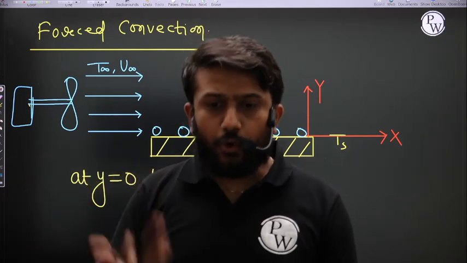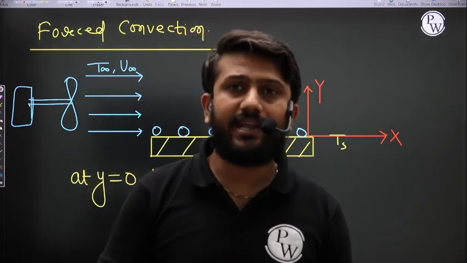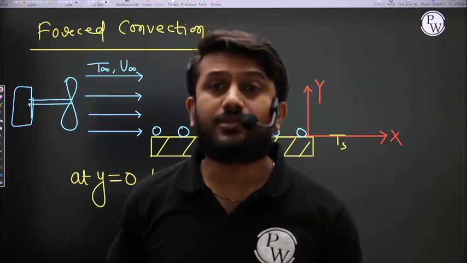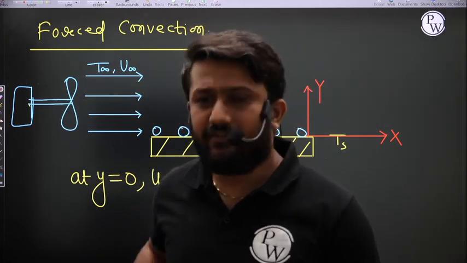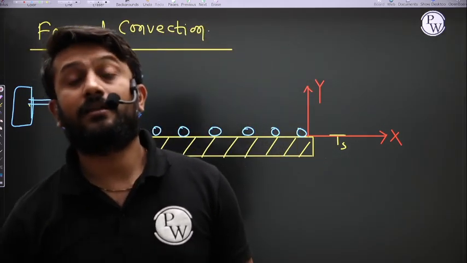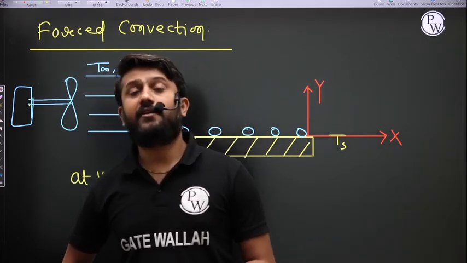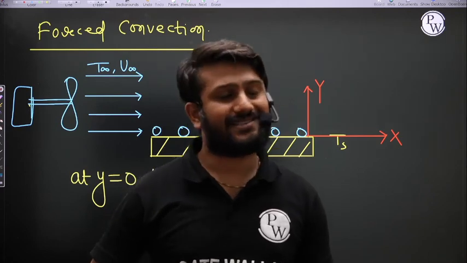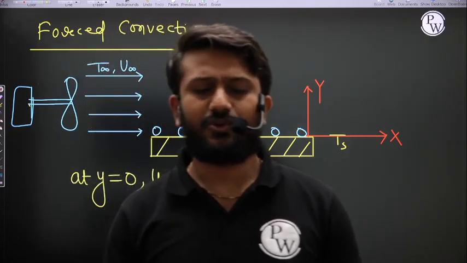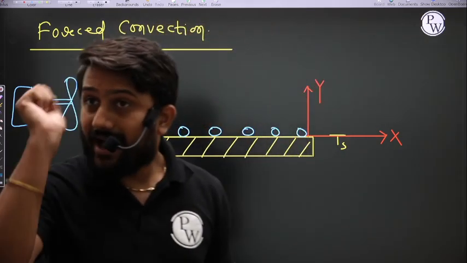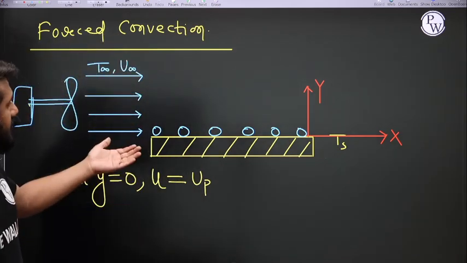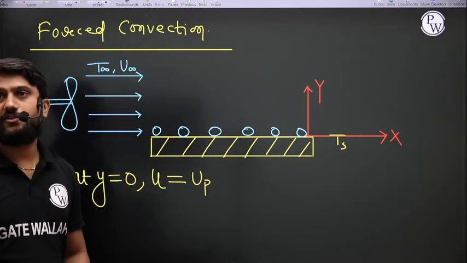And if there is no relative velocity, then there is no slipping. Slipping is a very, very important phenomenon. Slipping happens when relative velocity exists. If there is no relative velocity, there is no slipping. So at y is equal to 0, whatever the velocity of the plate, the same velocity the fluid also has.